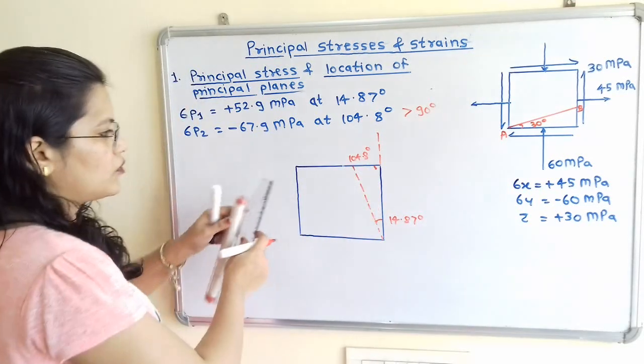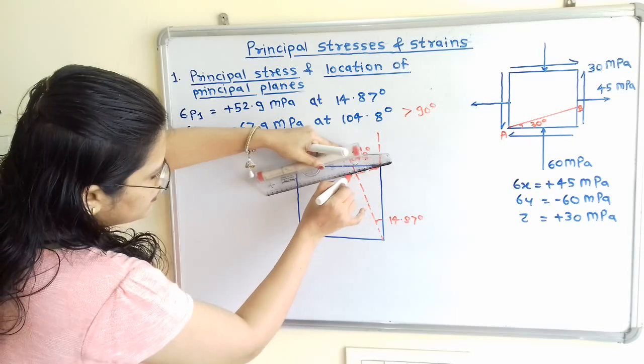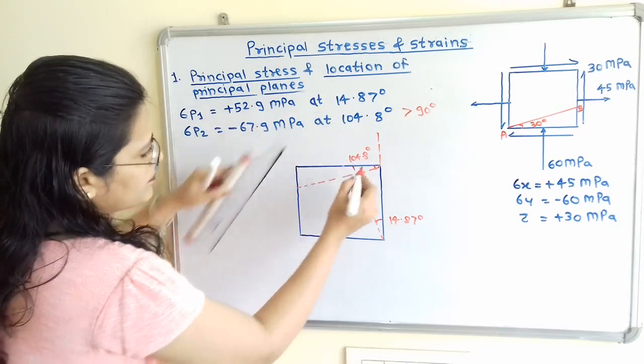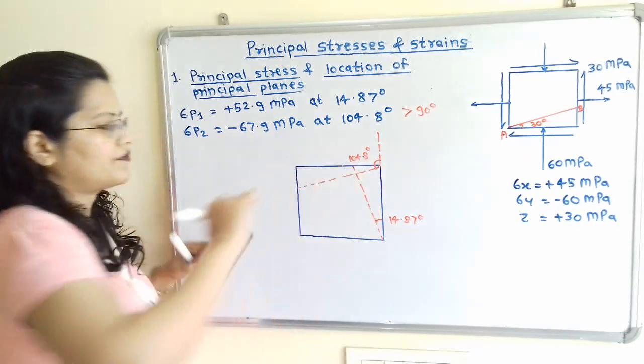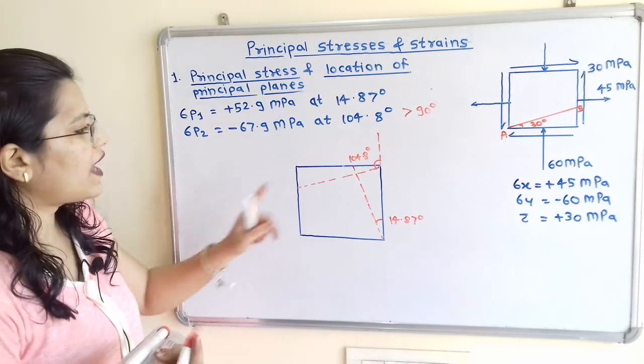So here is the location. If I draw one line passing through this point, this is the angle.